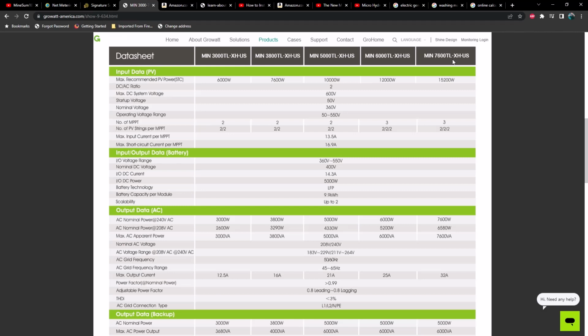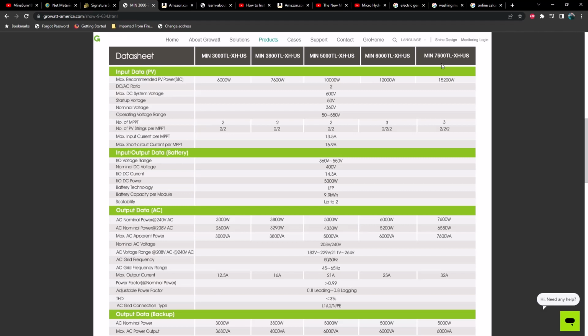Now mine is the MIN 6000, and originally I was going to go with the 7600 TL. I have about 7,500 watts worth of solar panels, and this one can output 7,600 watts back into the grid. But when I really stopped and put some thought into this, I realized that my solar panels are used, so there's a good chance that they're not going to produce 7,500 watts.